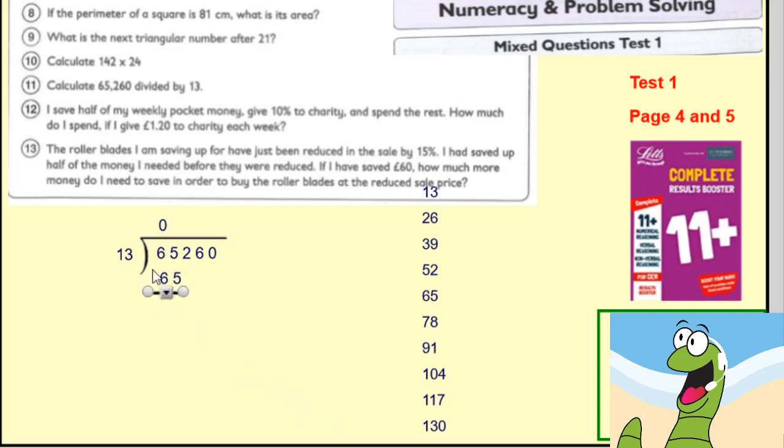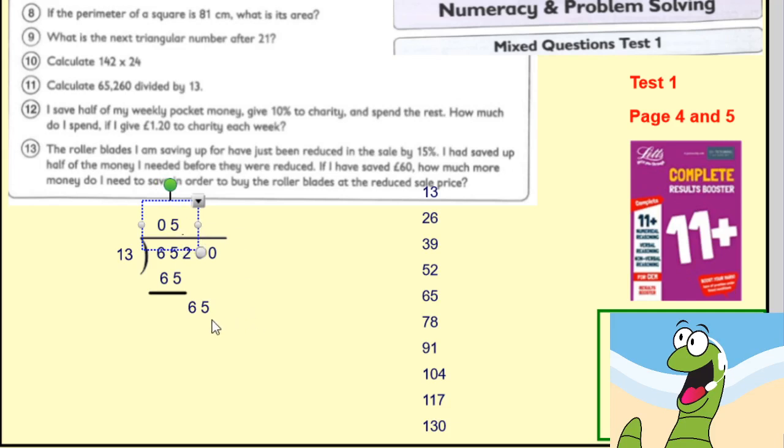Now 65 from 65 will not give us anything. So we now need to bring down our 26. So I'm going to put a 5 up here, because it goes in 5 times.